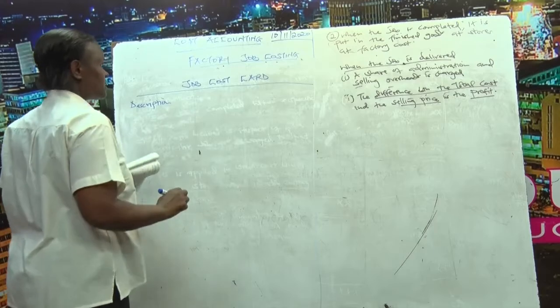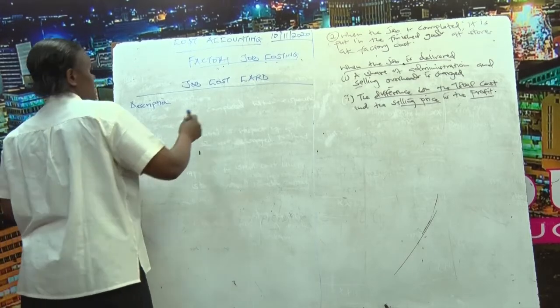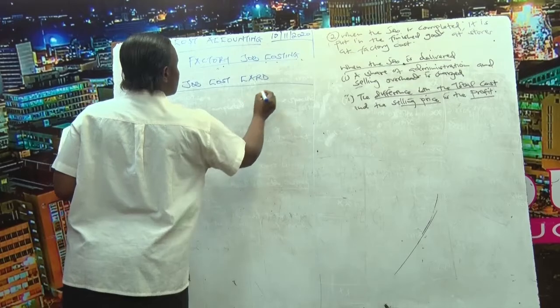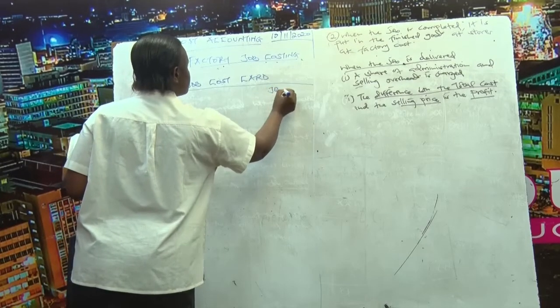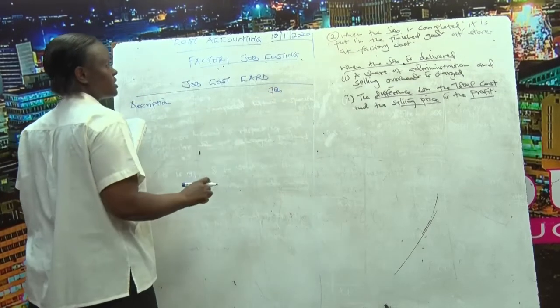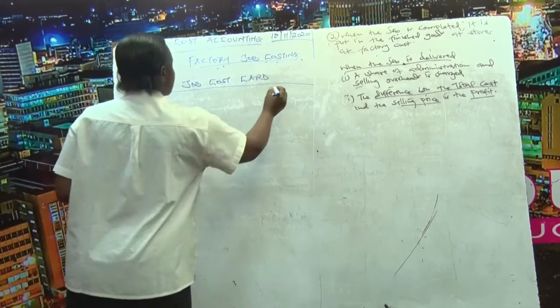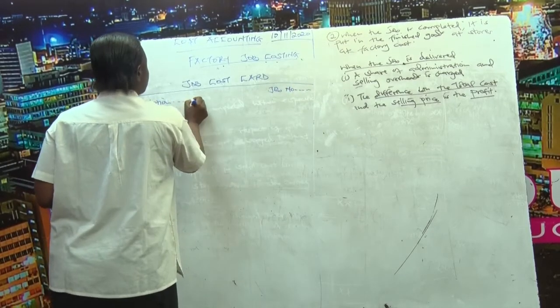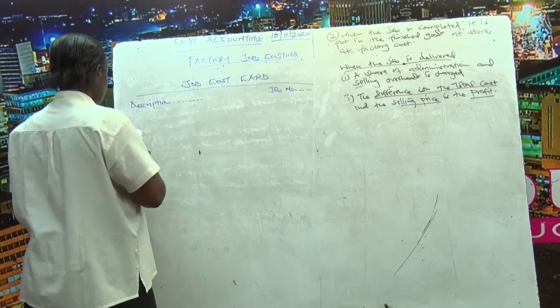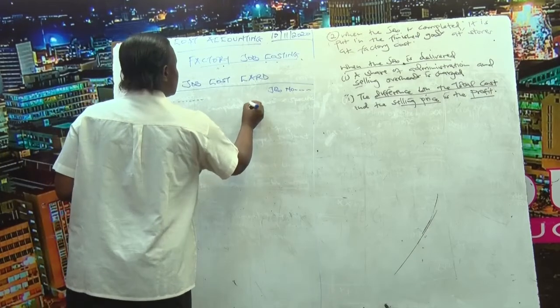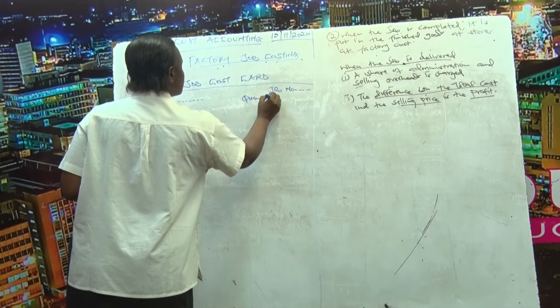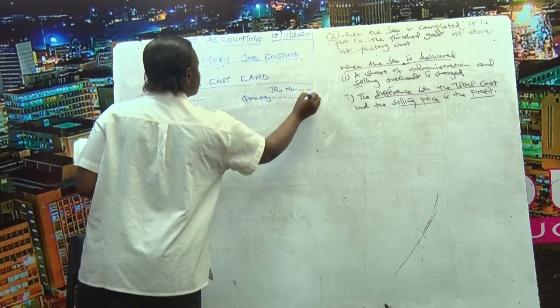You must write the description of the job. You write the job number, because we say each job is given a specific number. You write the quantity which is required by the customer.